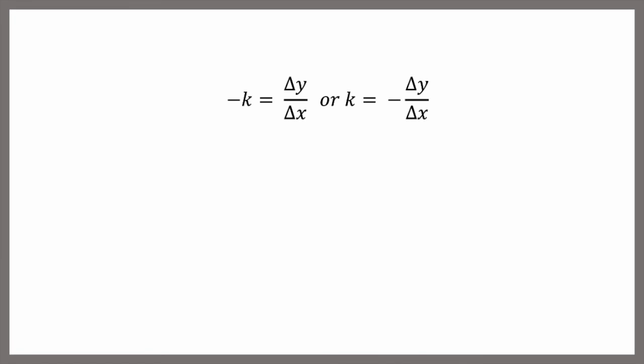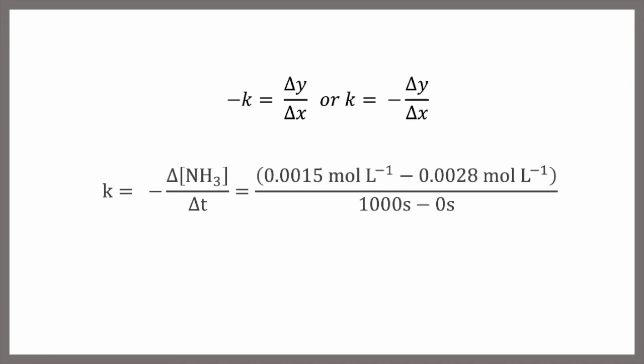Negative k equals delta y over delta x, or k equals negative delta y over delta x. It doesn't really matter, but to solve for k, we're going to plug our numbers in and simplify, and we get 1.3 times 10 to the negative 6 moles per liter per second.